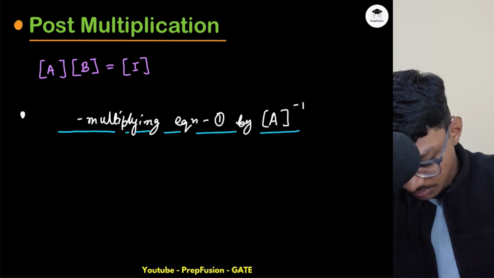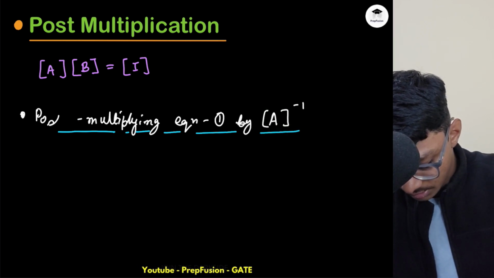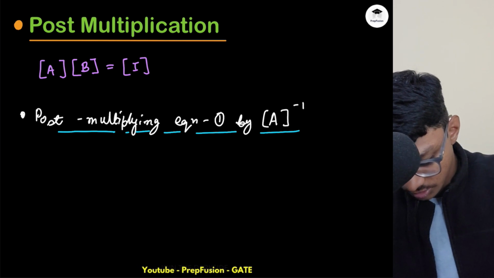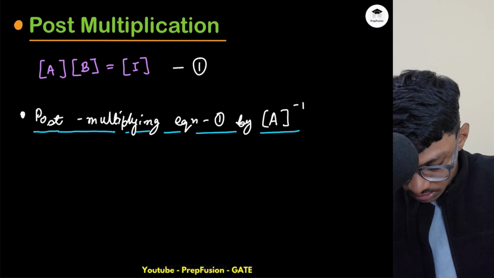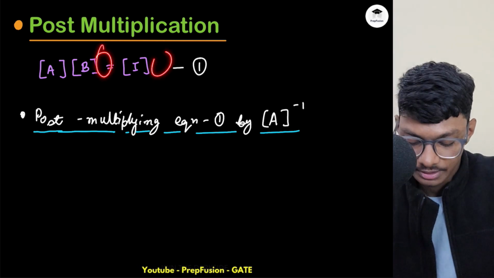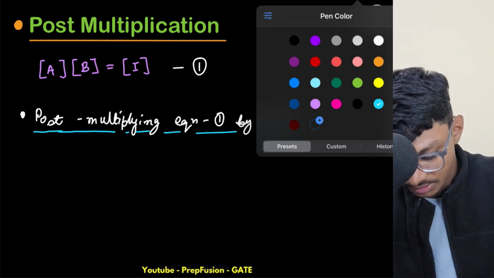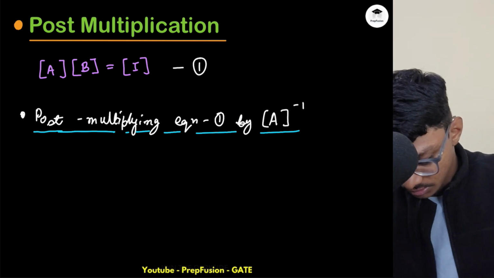If I do the post-multiplication, what does it mean? Post means after, right? So obviously this will be equation 2. I'll change this equation now. Already also it is equation 1 only, so same equation only. Okay, post means after. So this is at the end. At the end I will multiply with A inverse.